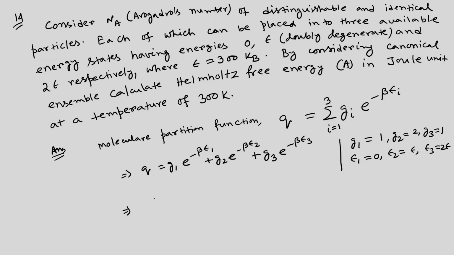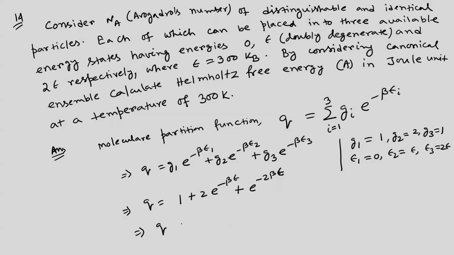So, we will substitute this. So, we get q is 1 plus 2 e to the minus beta epsilon plus e to the minus 2 beta epsilon.